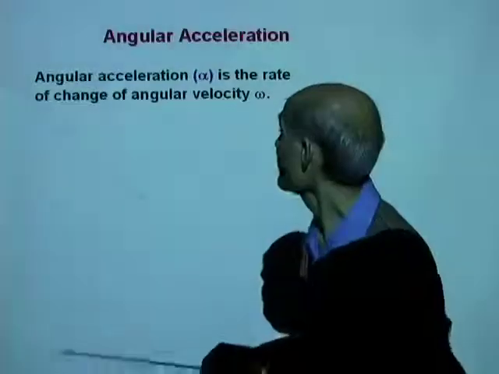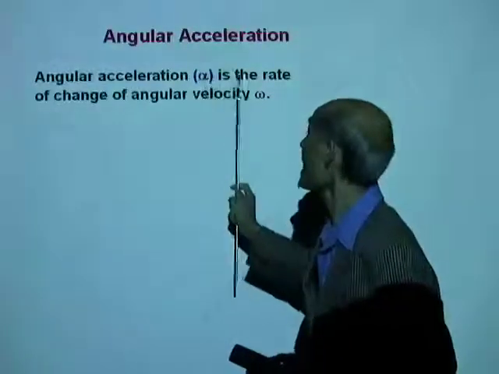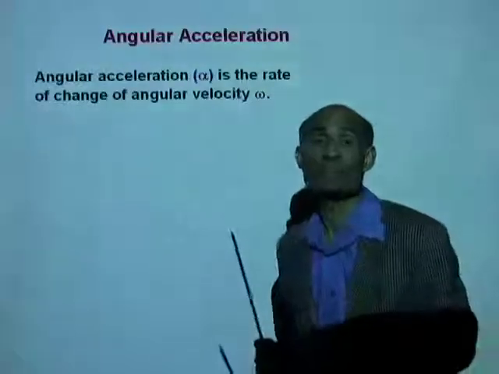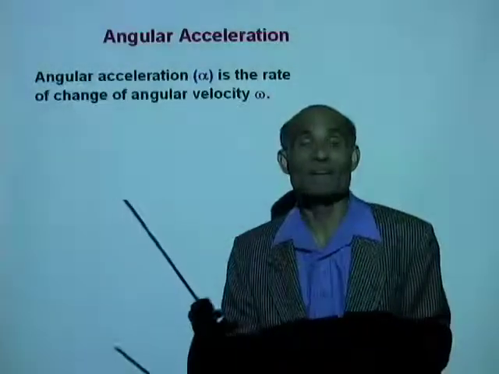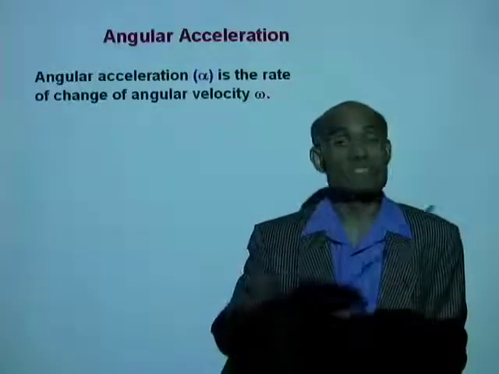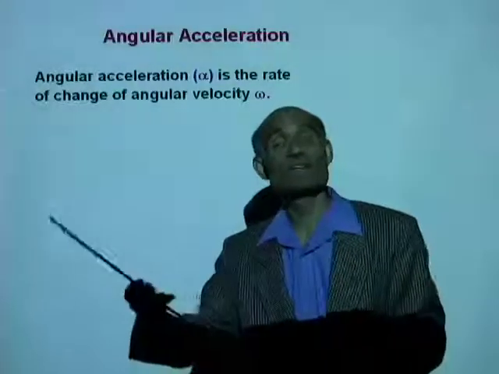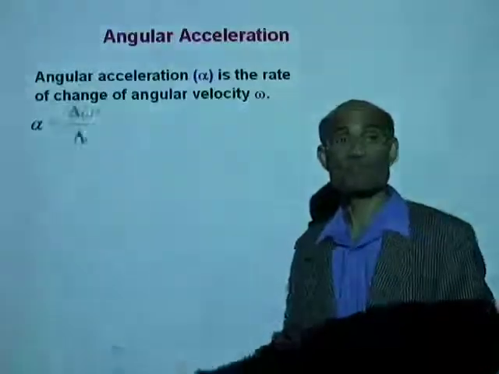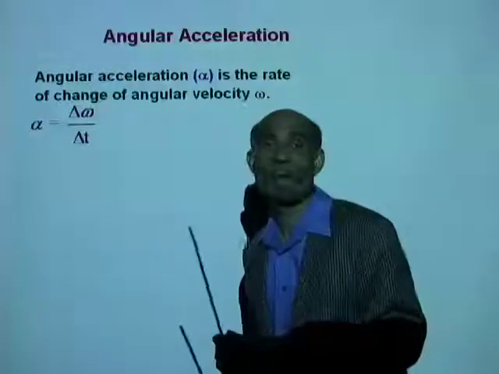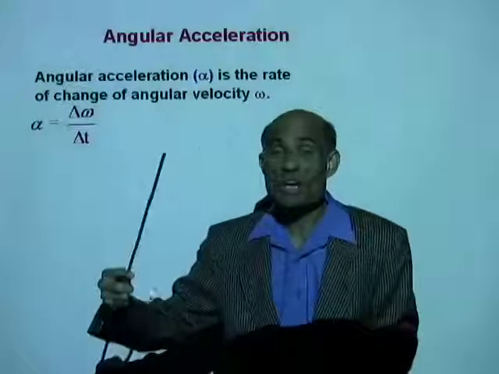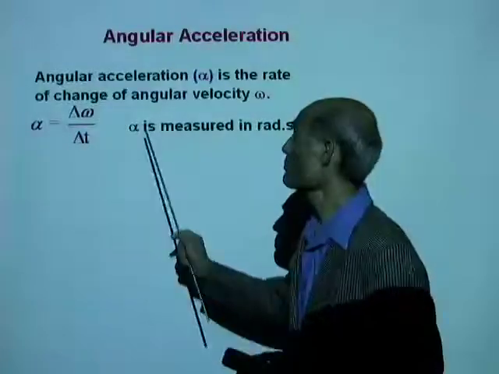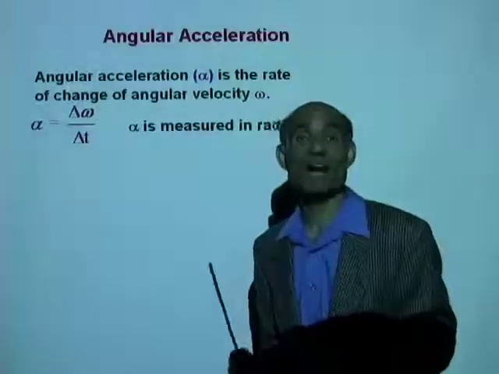So angular acceleration alpha is the rate of change of angular velocity omega. In other words, we can define angular acceleration the same way we define linear acceleration. So alpha equals delta omega divided by delta t, the change in angular velocity divided by the time. And what is the unit for measuring alpha?